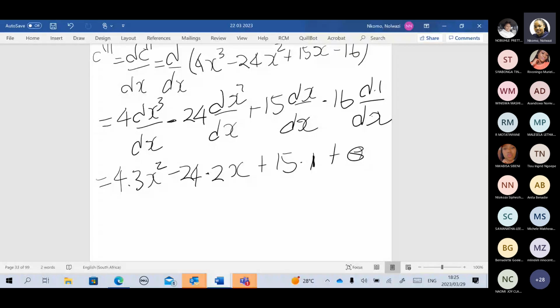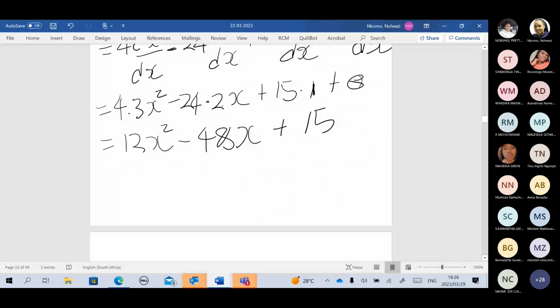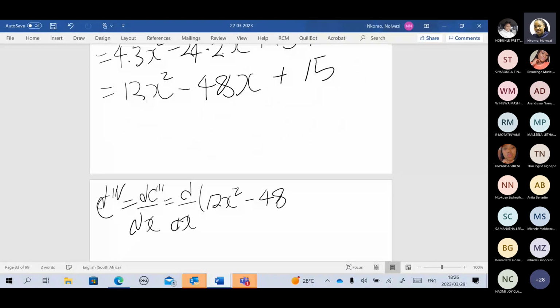Suppose we are asked to find the fourth derivative. Remember we said to get the fourth derivative, you need to differentiate the third derivative. So you can write this as the derivative of the third derivative with respect to x, and this is the derivative of 12x squared minus 48x plus 15, right?